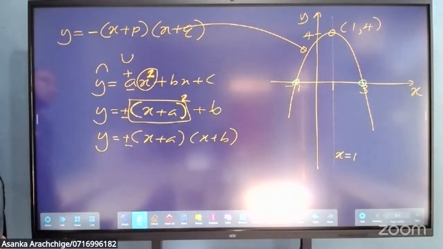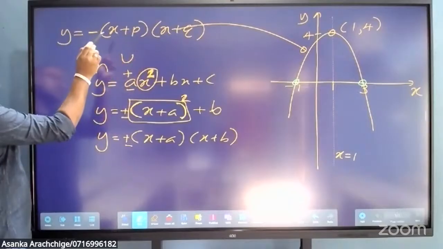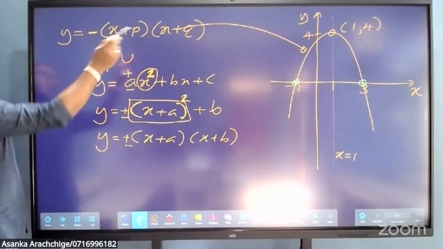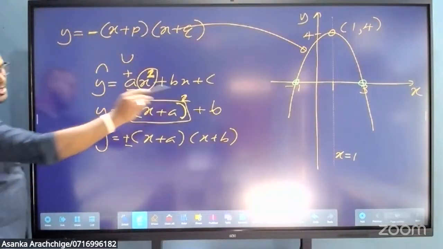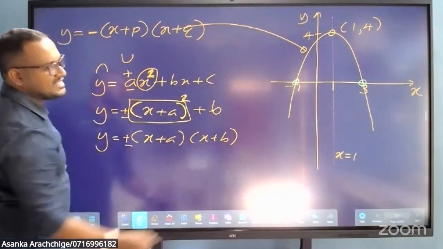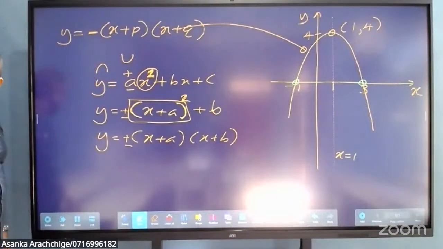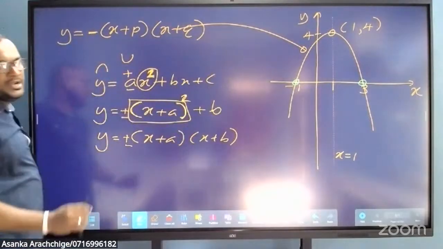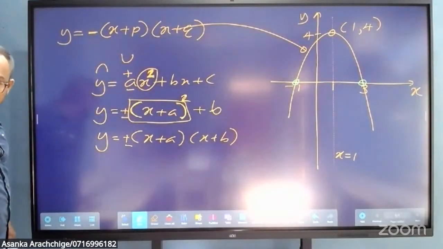Right? Now, you can see in the given equation, there is a minus sign outside the brackets. That means the parabola has a maximum point. Understood? මෙතන minus වෙන හේතුව මෙයා maximum point එකක් තියෙන parabola එකක් නිසා.